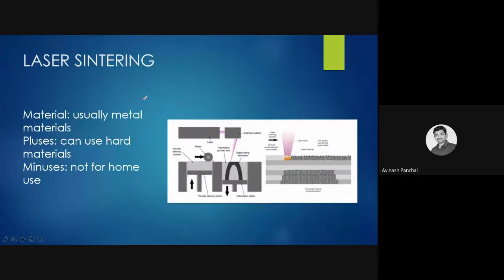Okay, then the second one is laser sintering. So what is laser sintering? Here we can see this material is kept over here, and from that the laser is passing toward it. So this powder delivery system is there, and from this we have the laser, and the fabrication powder bed is there.